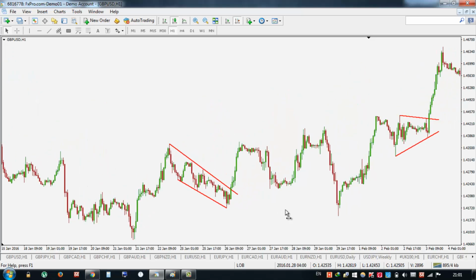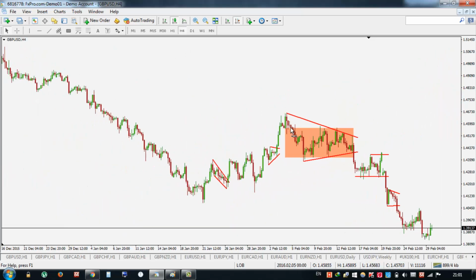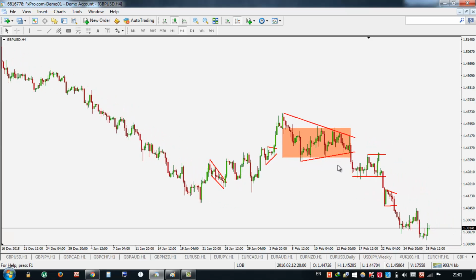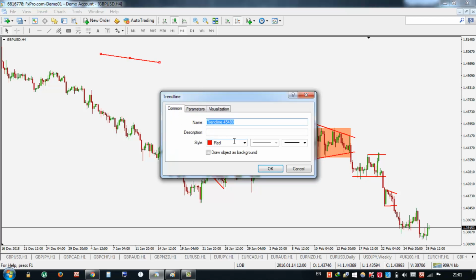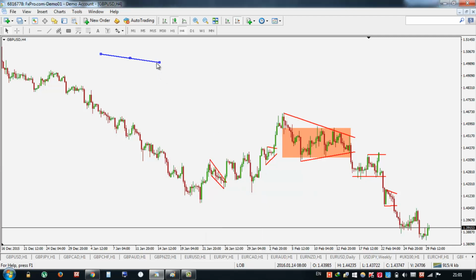Now let's zoom out to the H4 chart and see what we can find. We've got all of these, fine. Now let's change the color to blue. There you go.